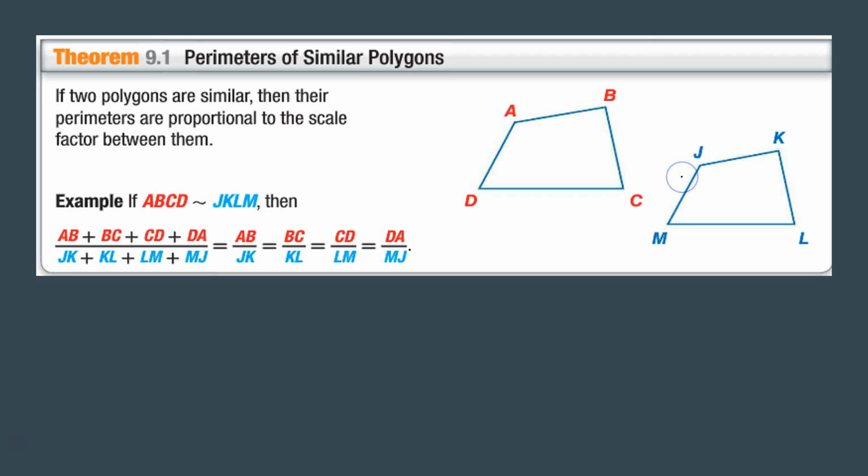And we can rewrite this even to be AB divided by JK and BC divided by KL, and CD divided by LM, and then we can divide AD by JM, because the scale factor is the same between them all. And there we go.